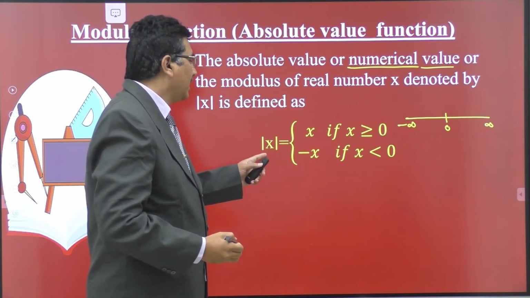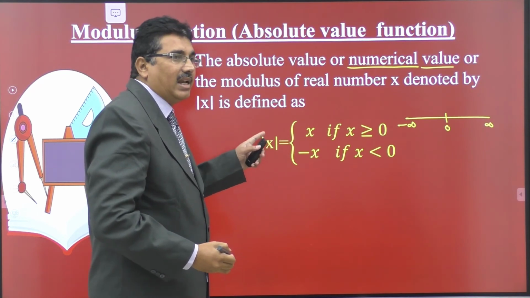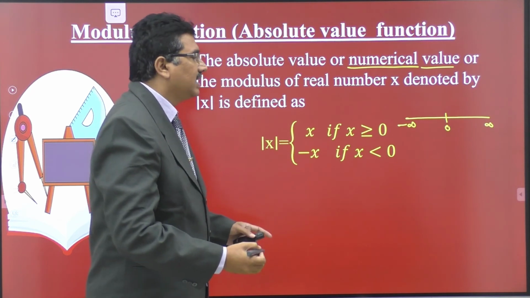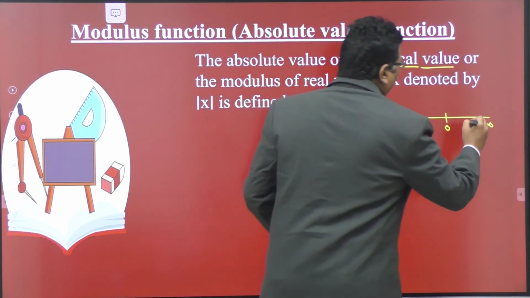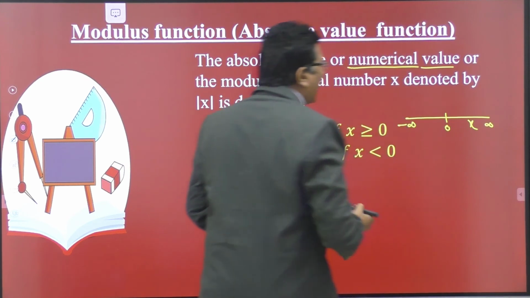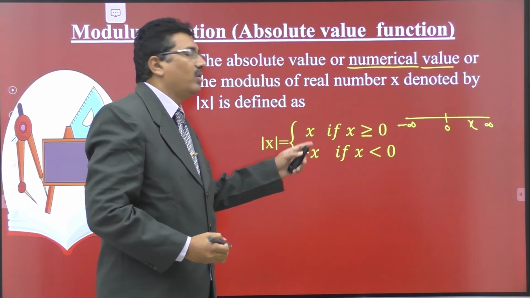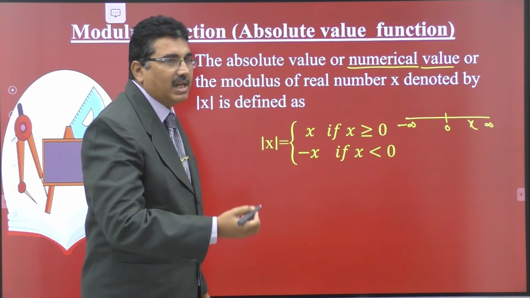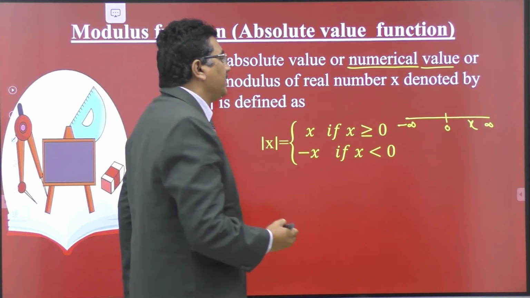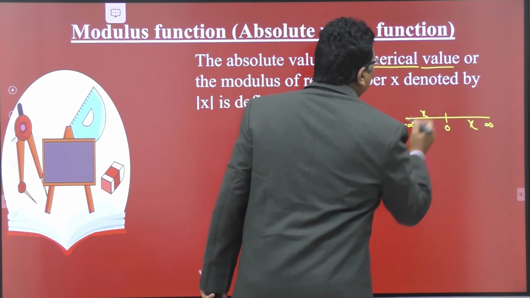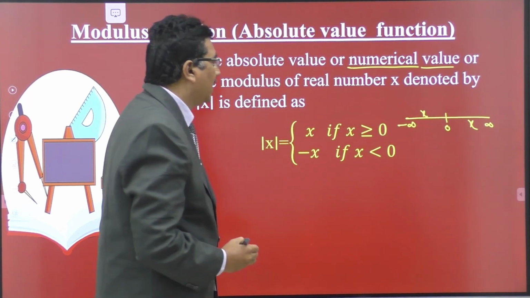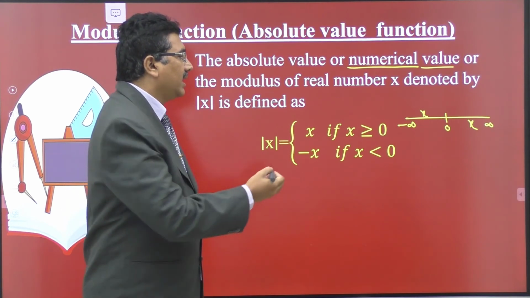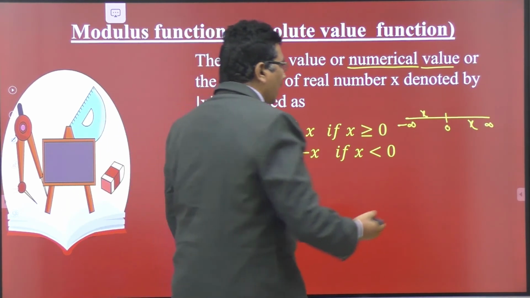If x lies on the right side of 0, mod x is equal to x. If x lies on the left side of 0, mod x is equal to minus x.